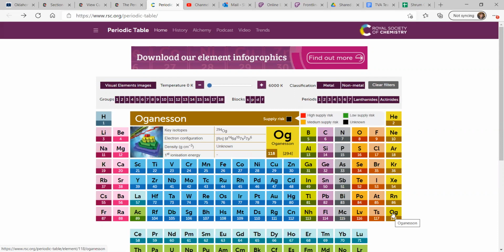So the main pattern you should be picking up on is this s2p6. The s orbitals are full and the p orbitals are full as well.